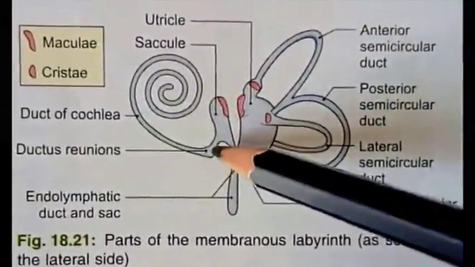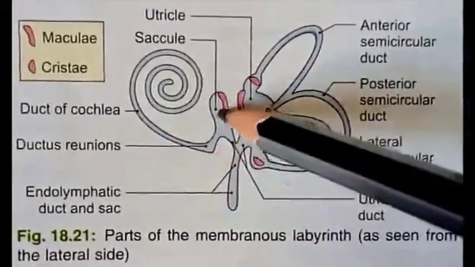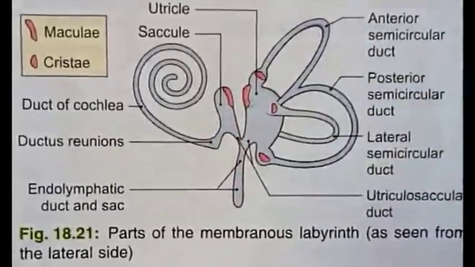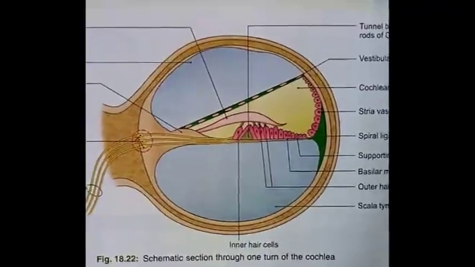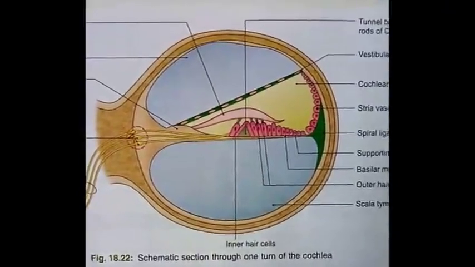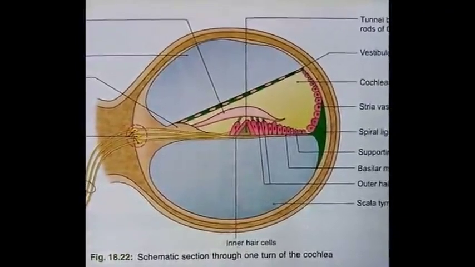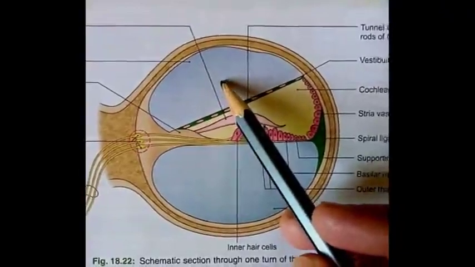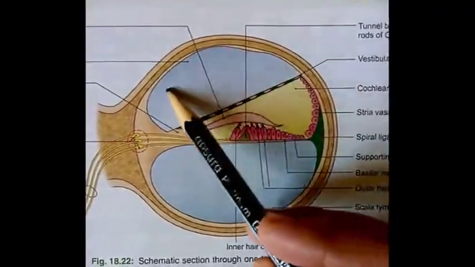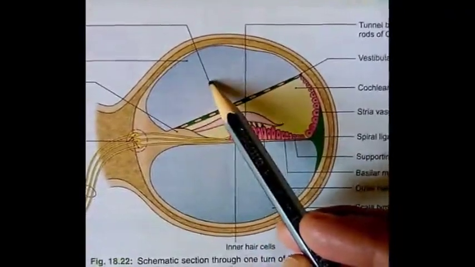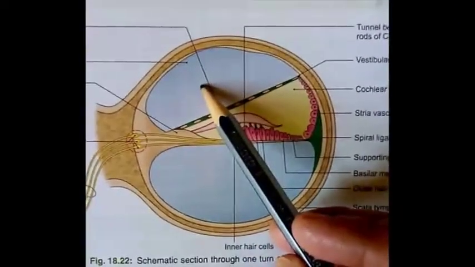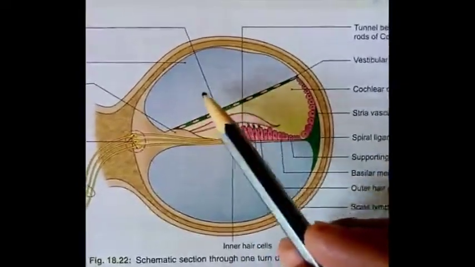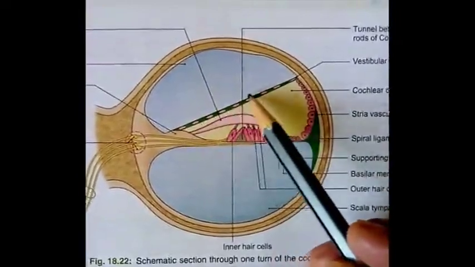Towards the posterior aspect, this duct of the cochlea unites with the duct of the saccule and forms the ductus reuniens. So the process which includes the transmission of the sound wave is like this. This is the scala vestibuli or vestibular canal. It receives the sound waves from the middle ear at the oval window. Then the sound waves present in the perilymph are received by the vestibular membrane.